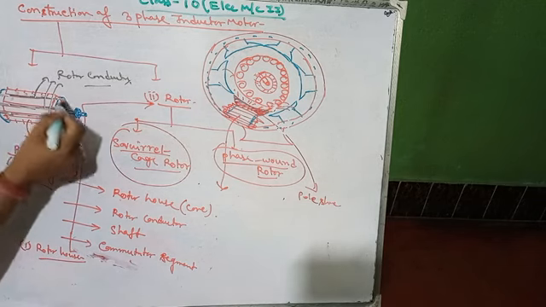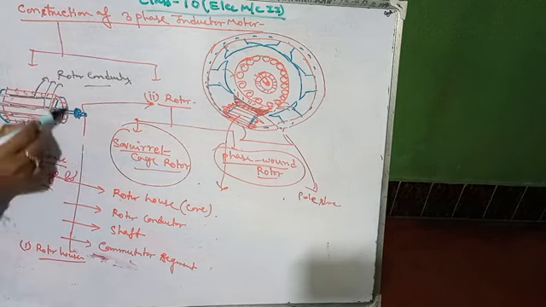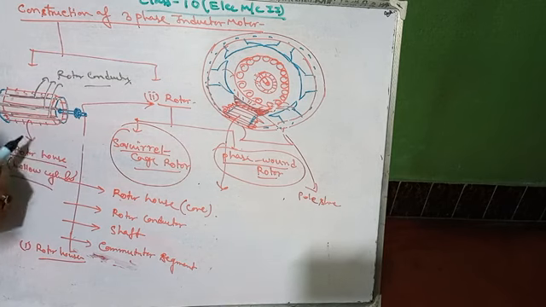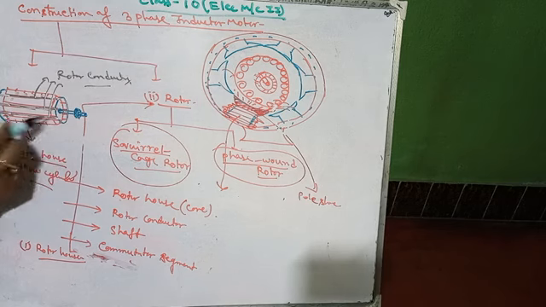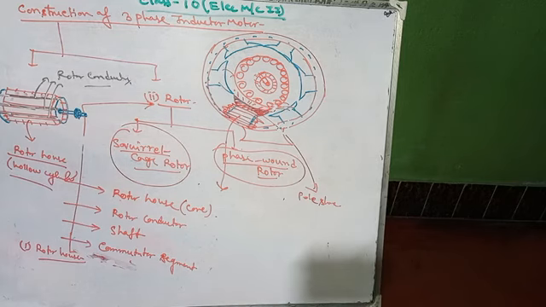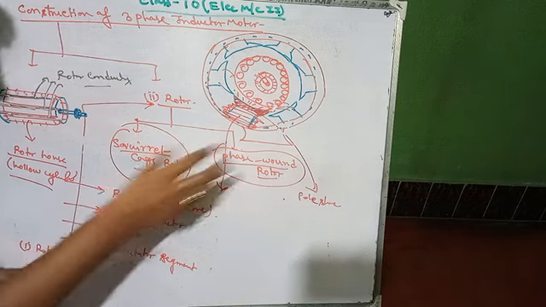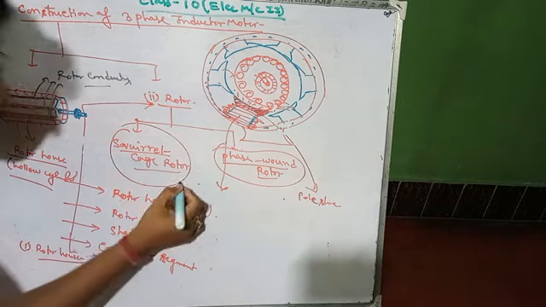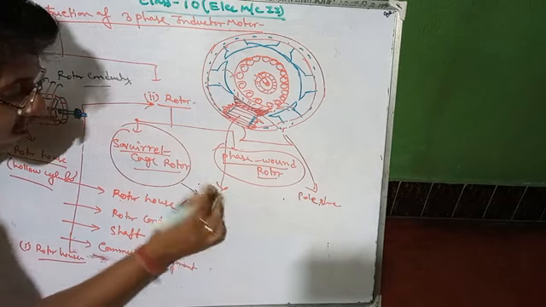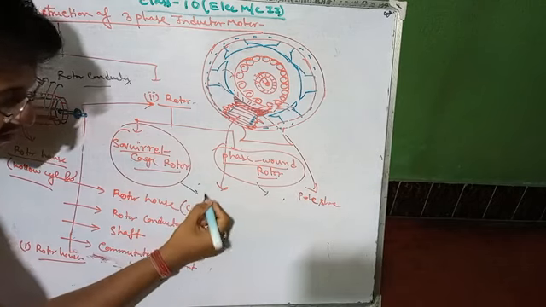See, this green color section line is permanently short circuited. Rotor bars are permanently short circuited on themselves by two end rings for squirrel cage rotor, and for phase wound rotor there is a slip ring arrangement. This is the only difference.